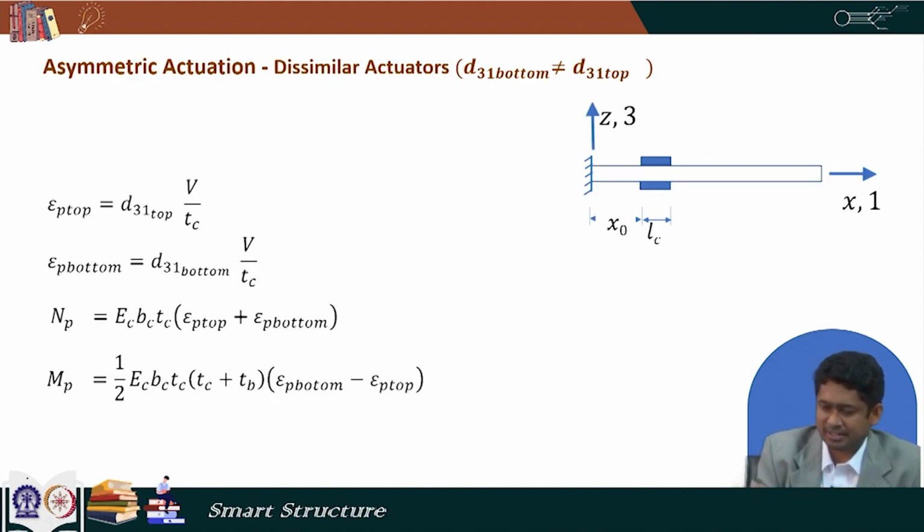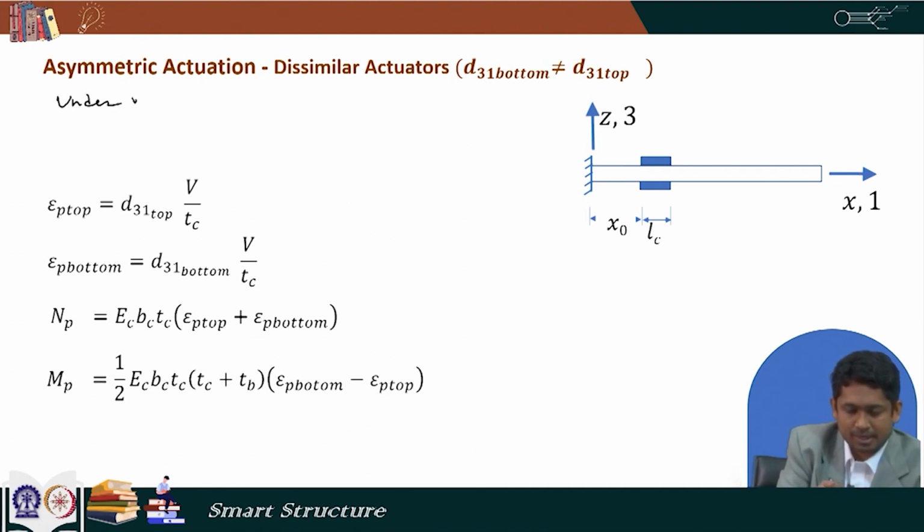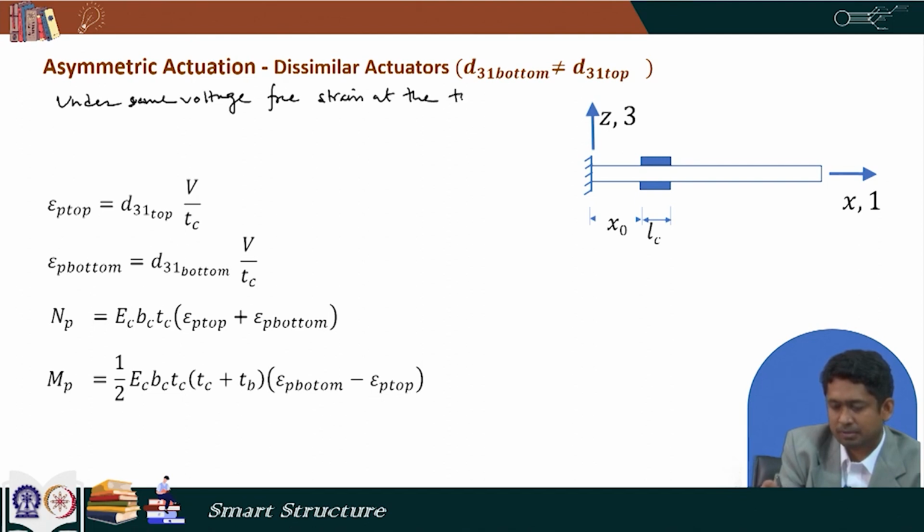Now, in this case again we have dissimilarity, but here the dissimilarity is in terms of the D31. So, the D31 at the bottom piezo and top piezo are not same. So, again we can say that under the same voltage, the free strain at the top and bottom piezo can be different.